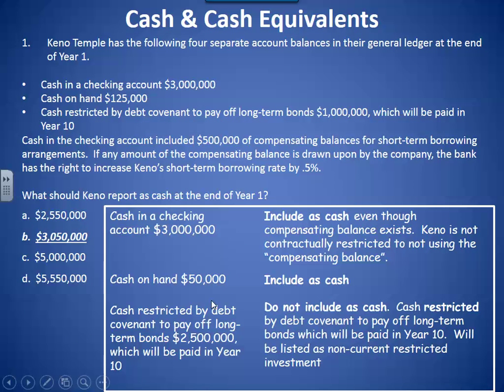Okay, number one, the answer is B, $3,050,000. So let's go through these three items here. We had cash in a checking account for $3 million. We're going to include that as cash, and this is what's confusing to people.